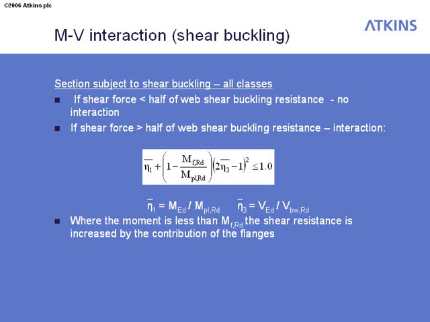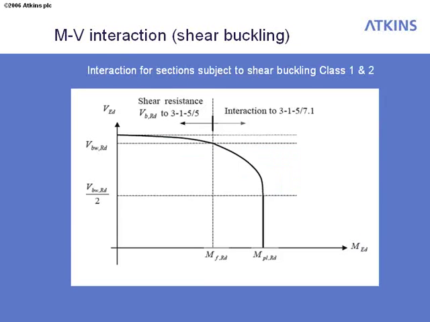You take that and then use that to develop your interaction curve. The full web shear resistance contribution is then just obtained where the moment is less than MF,RD, and the actual interaction that you get is shown on this diagram here.